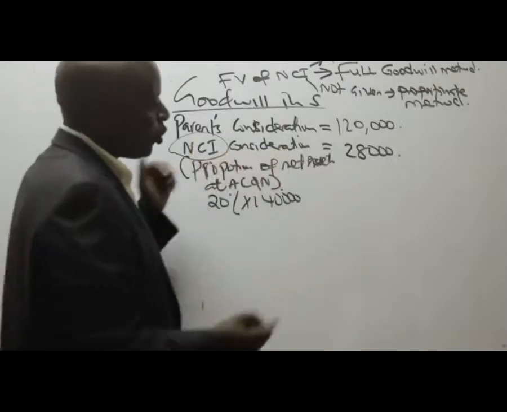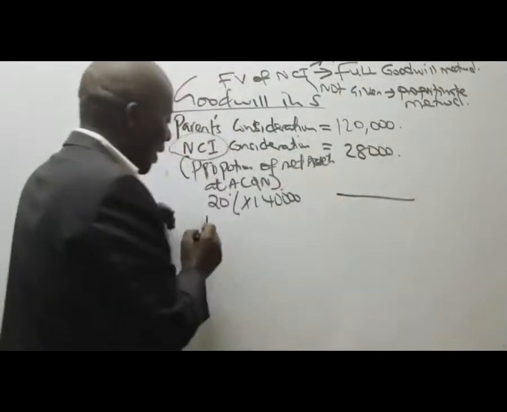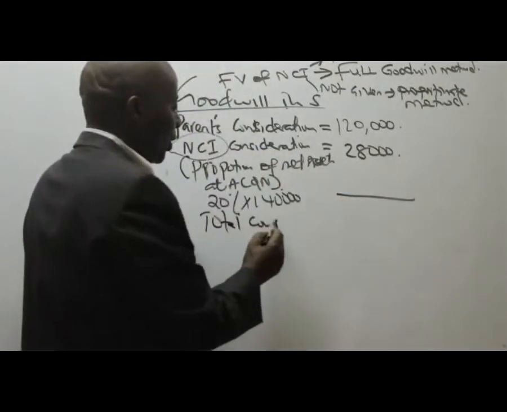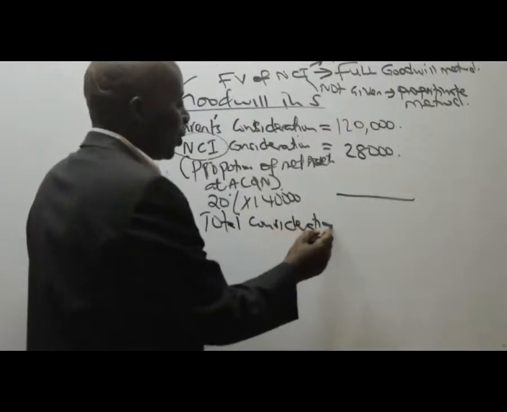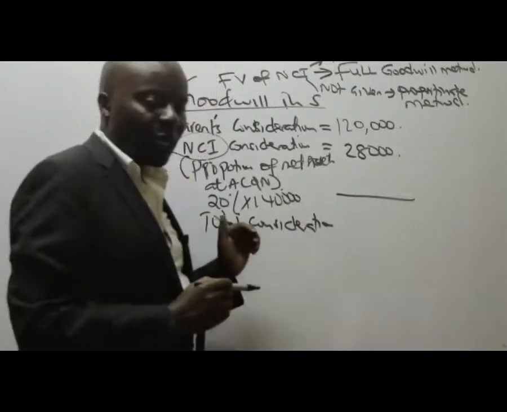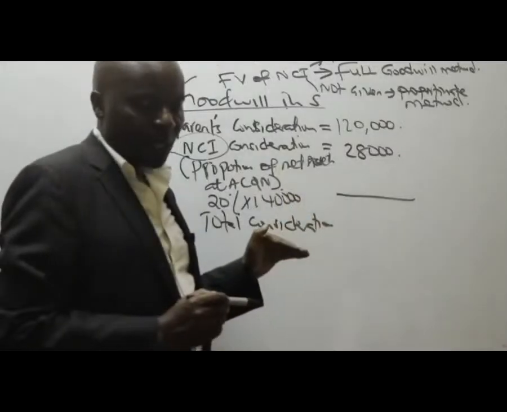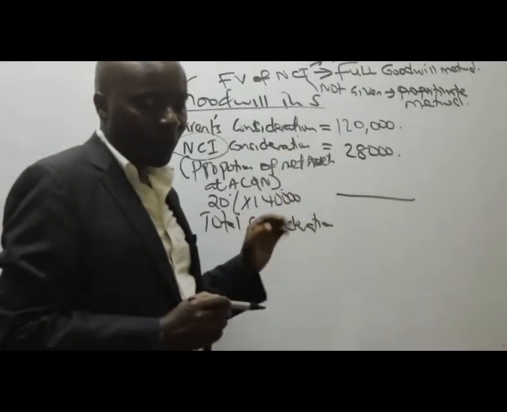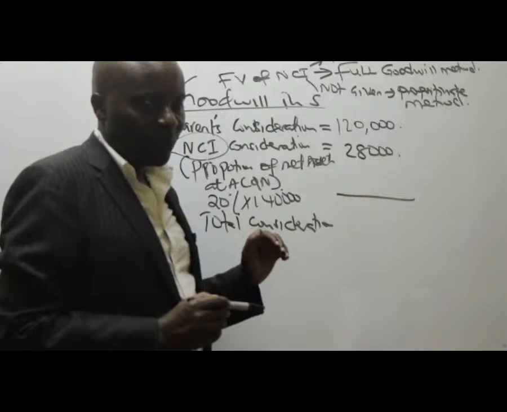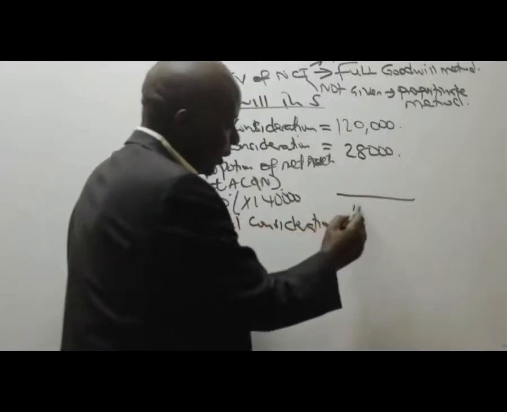So what is the total consideration? Can somebody give me the total consideration? What does the total consideration come to when you add both? The total consideration comes to 148,000.